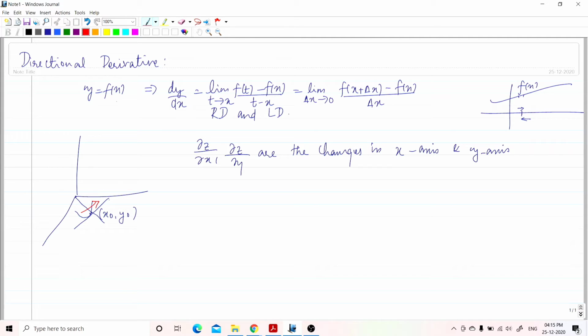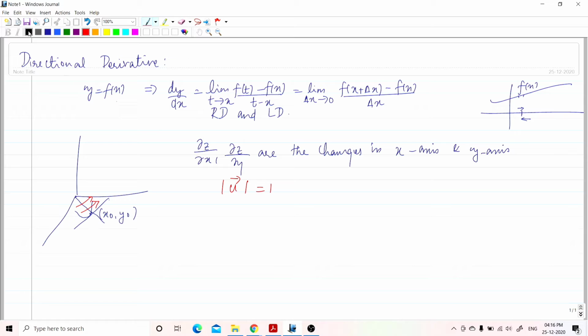So direction only we are giving importance. We are not giving importance to the magnitude of this vector. This vector is parallel to this vector. A single vector which can be used to represent any number of parallel vectors is the unit vector. Unit vector means the absolute value is going to be 1.